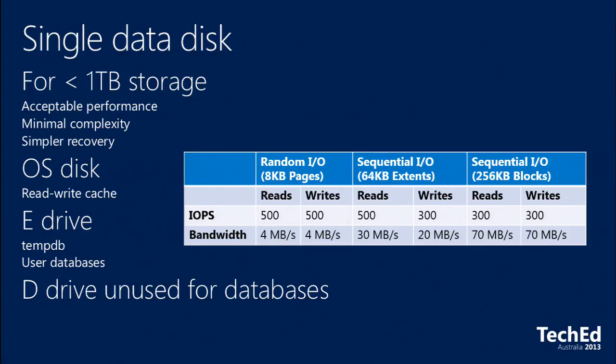So you end up basically with the OS disk for the read-write, you put tempdb and the user databases on the E drive that we've attached, and we leave the D drive unused. We've noted there some of the typical I/O patterns and values that we've seen achieved out of this. And look, it's acceptable, it works quite well, and for many people that's entirely appropriate.